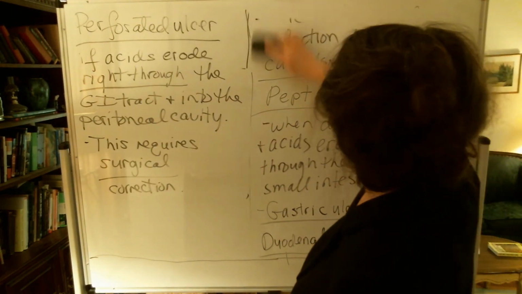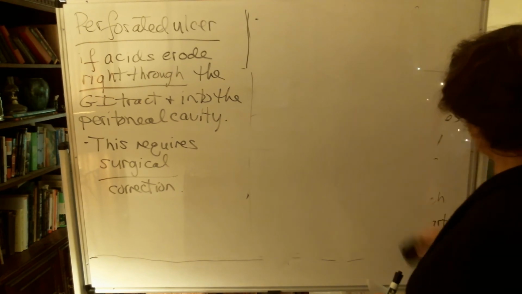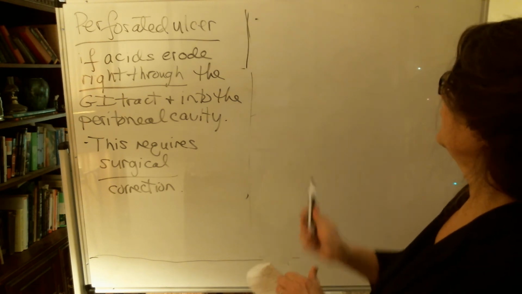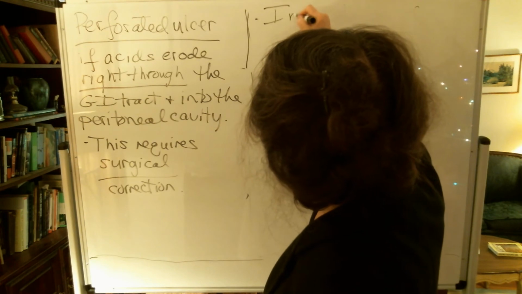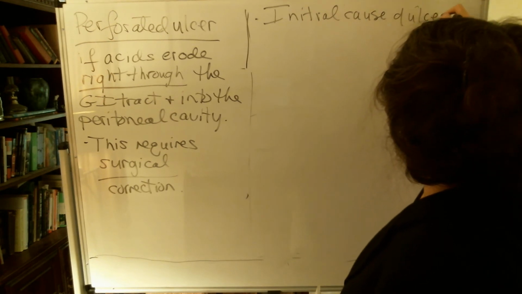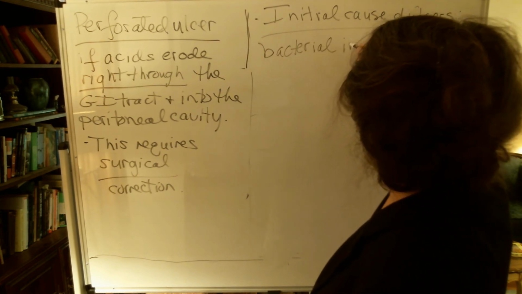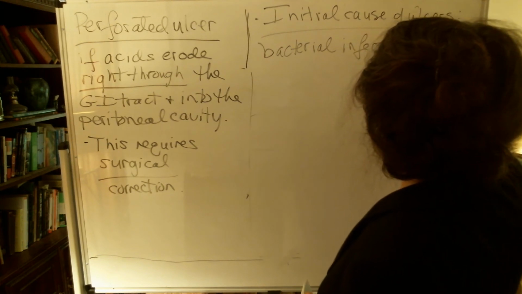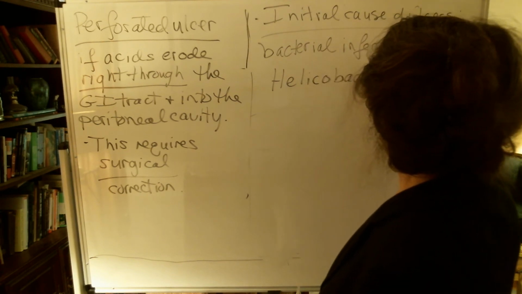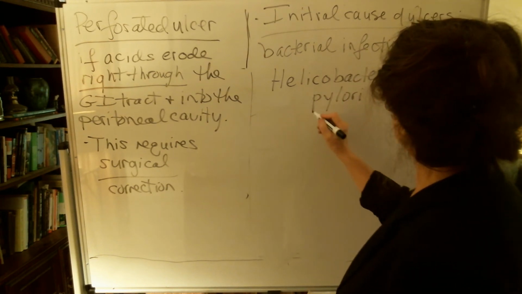So what happens then is that we have the initial cause of the ulcers, then, is a bacterial infection of what is called Helicobacter pylori.